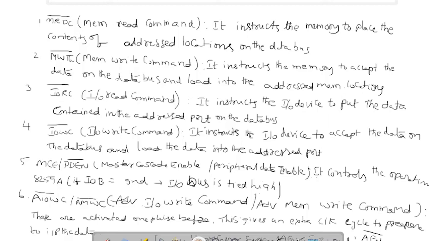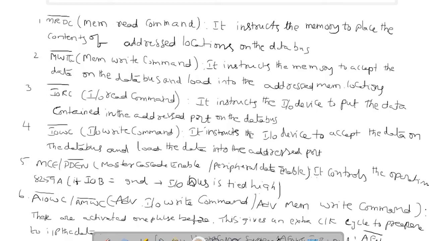And MCE by PDEN bar, master cascade enable and peripheral data enable, is one very important pin. It controls the operation of the 8259A. What is the 8259A? When we need to connect more than eight peripheral devices to the 8086 microprocessor, the 8259 is one of the devices used for cascading a number of 8259s and providing more devices in the form of input and output.